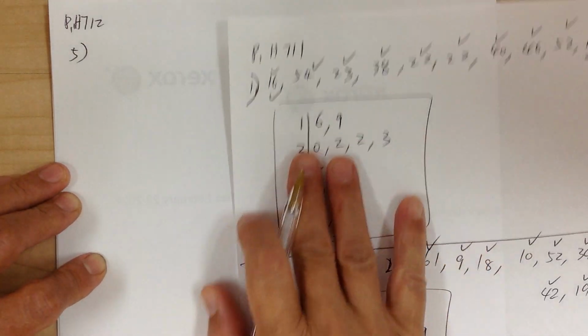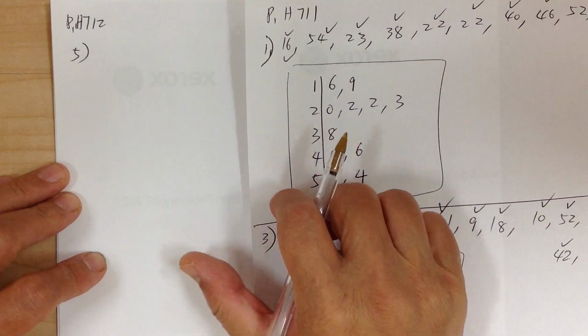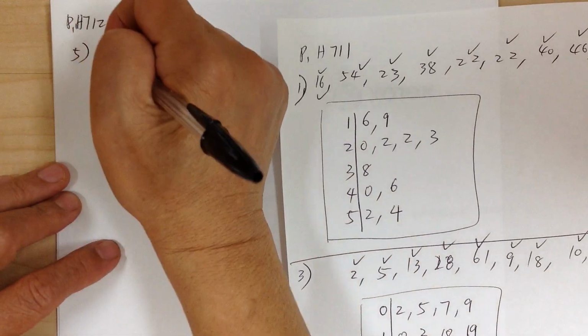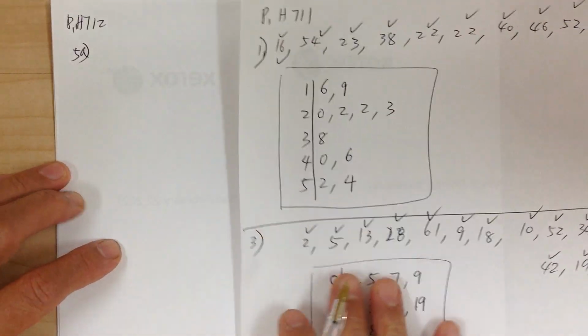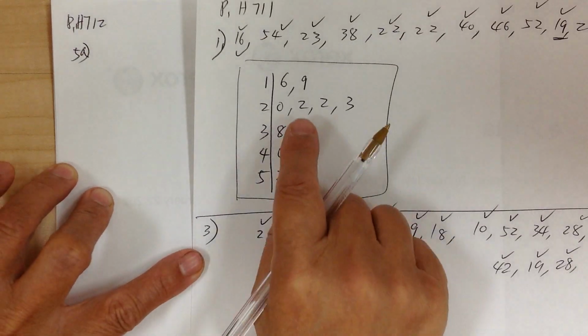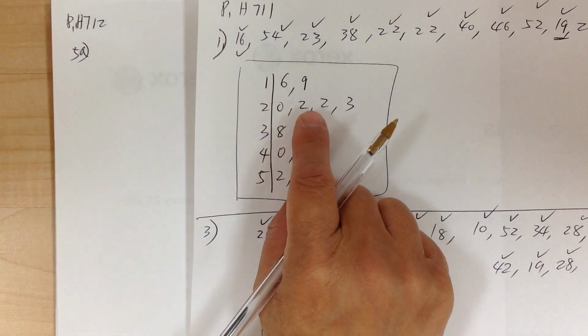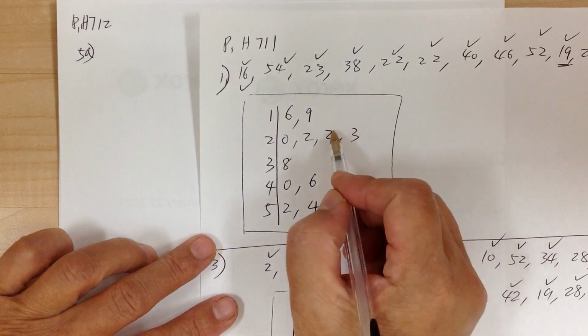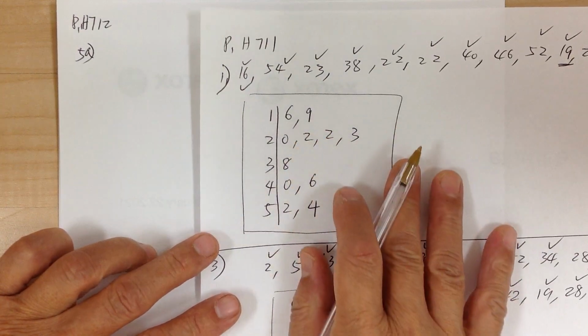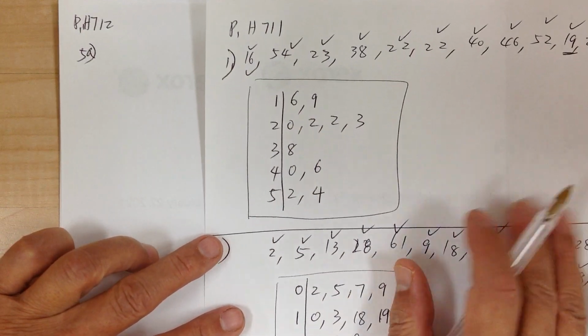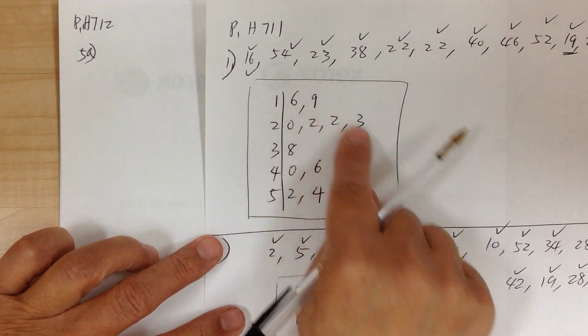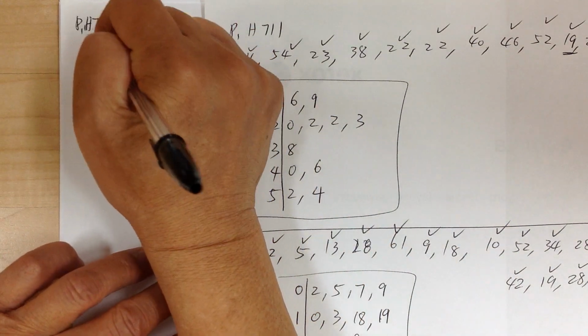For A, you're looking for the mode. The mode is the one that happens most often. In this case, your mode would be 22 because it shows up twice, more than the others. So it would be 22.